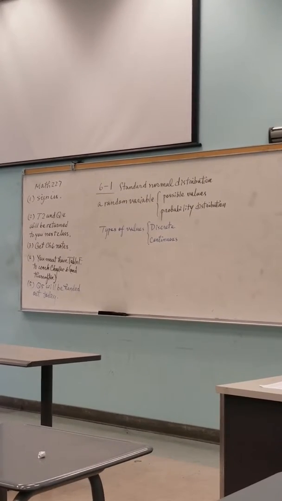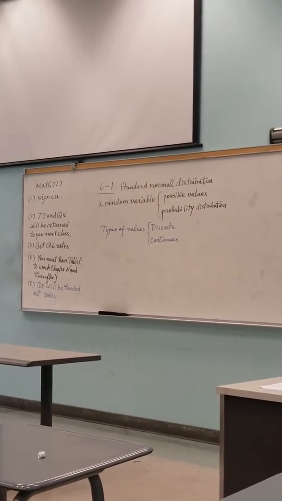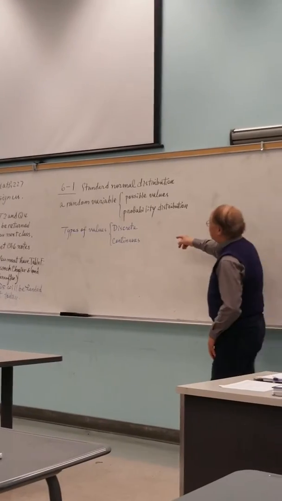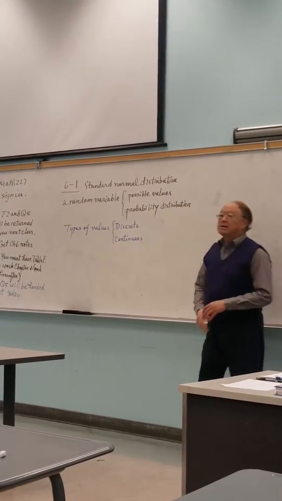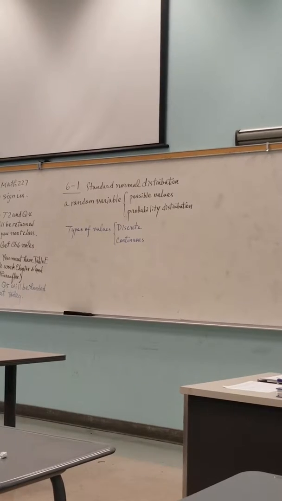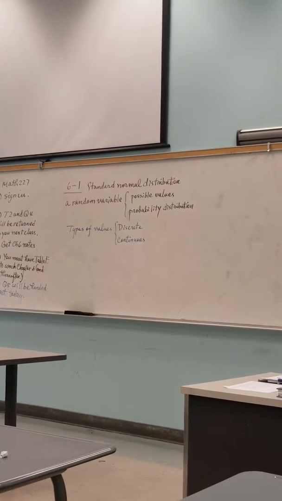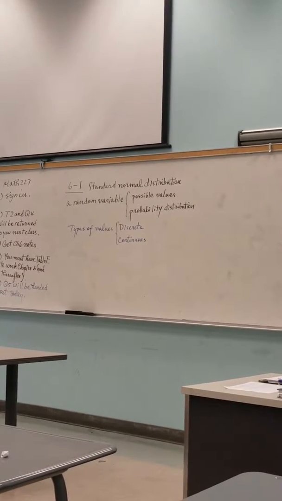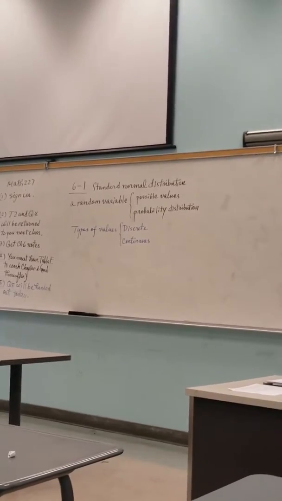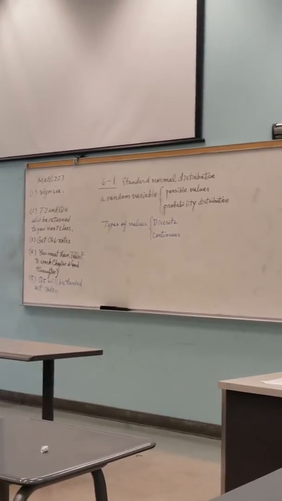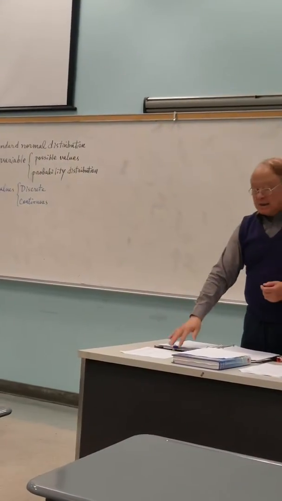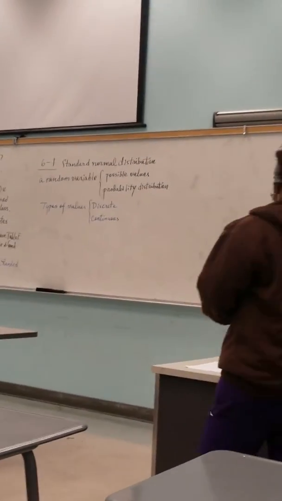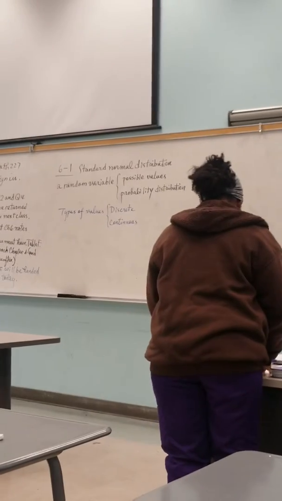Let's go on. Please understand there are two kinds of possible values: discrete and continuous. How about 1C? Pulse rate, how many beats a minute? Say maybe 70, maybe 71, maybe 72, right?